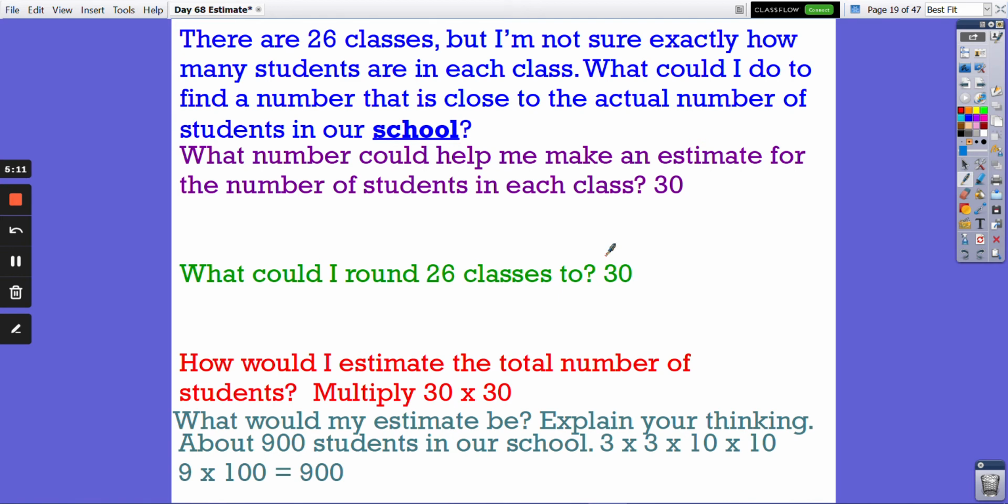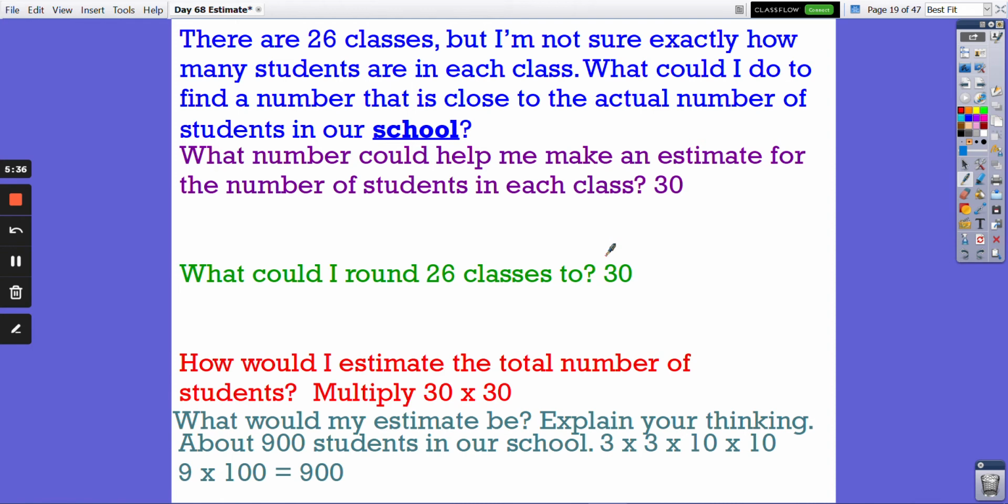Now, because my estimations got further and further away, my estimation could be pretty far away from the exact answer. When we were just adding and subtracting, those estimations were very, very close because we're using simpler numbers, we're using something that's not going to dramatically change as much. When we multiply, each number different is going to drastically change our answer, right?